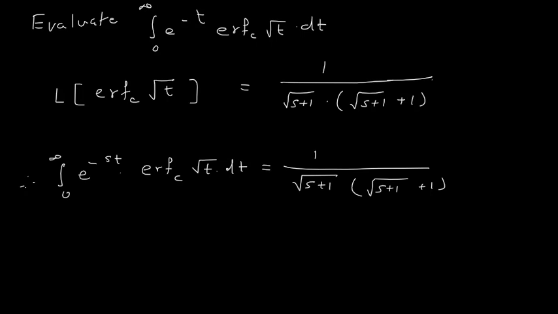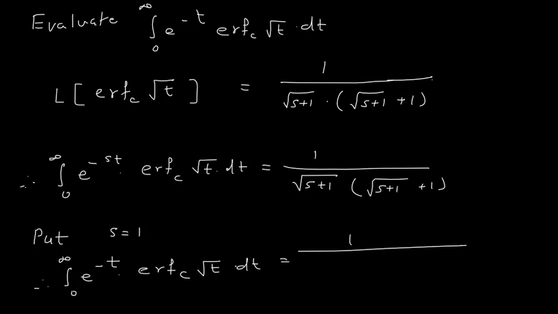Now we replace s with 1, so we get 0 to infinity e raised to minus t into the complement of the error function of root t dt. This will become 1 upon root 2, and inside we have root 2 plus 1. So this is the final answer. So using Laplace we are seeing how we can find integrals, right?